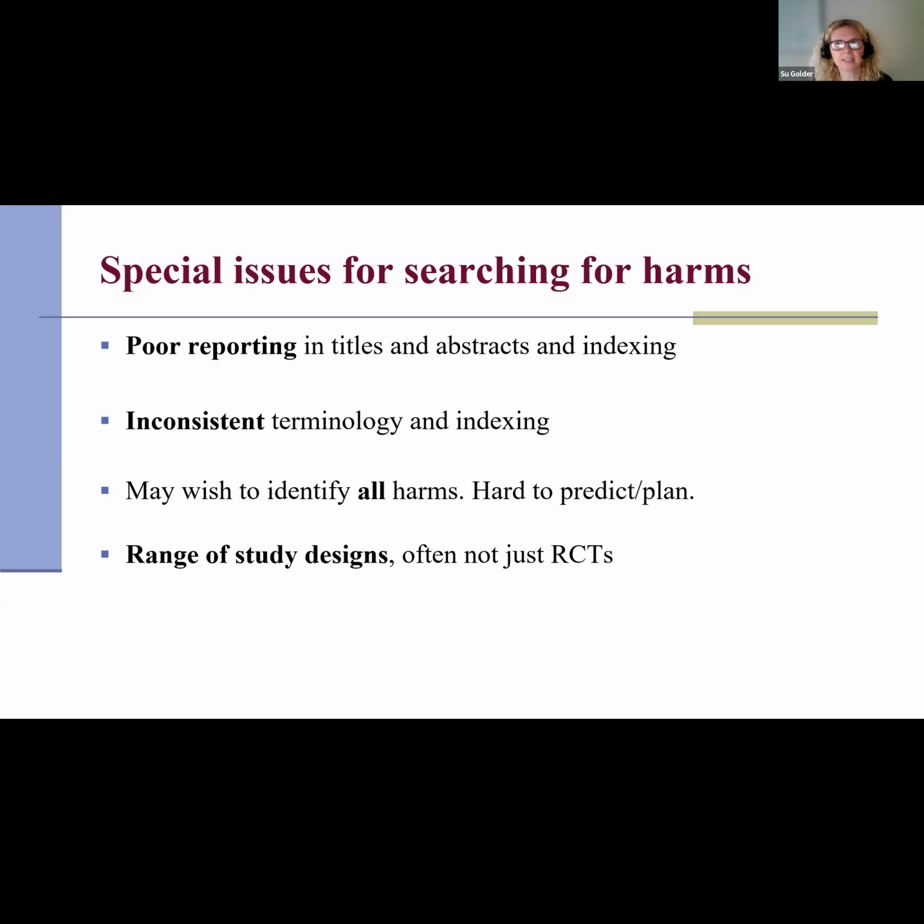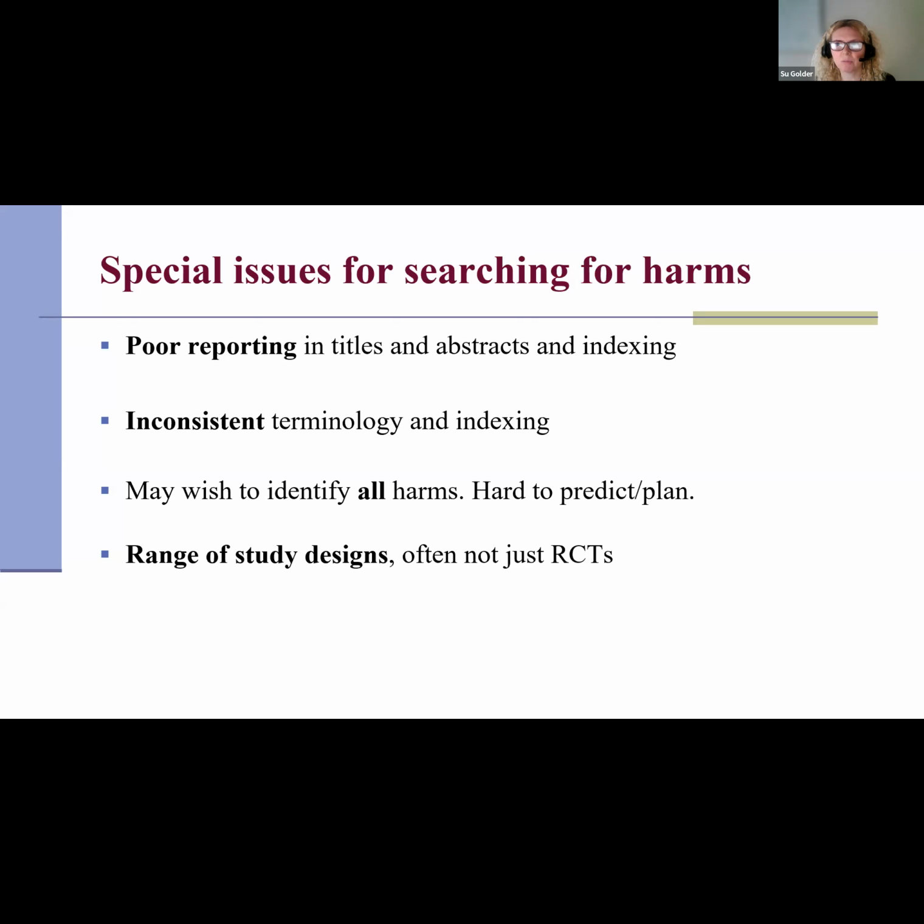There's also a lot of inconsistent terminology and inconsistent indexing. I think this is largely because there are so many terms that you can use. Already I've used harms and adverse events, and I've only been talking for a few seconds. But there's also side effects, complications, unexpected events, all sorts of terms.